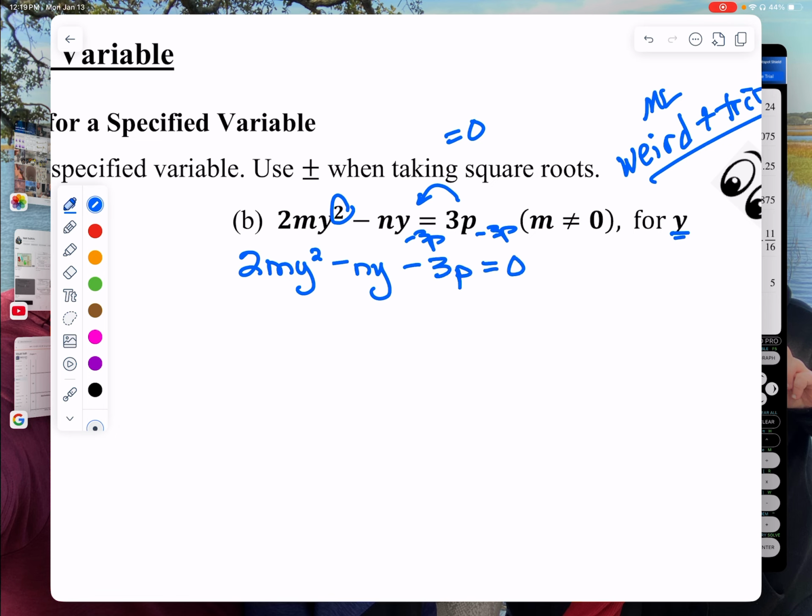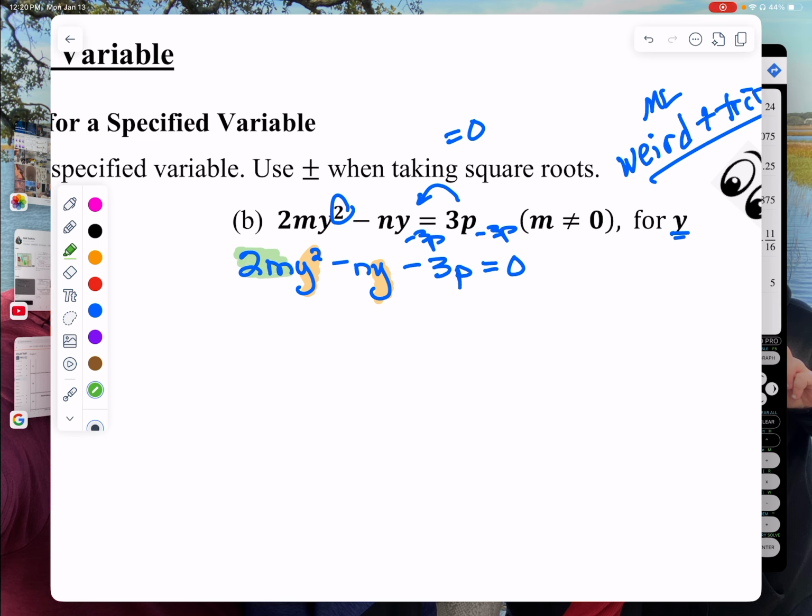Now notice that I have a y squared and a y and then something else. Okay, so it looks like it's in standard form. It goes from y squared to a y to usually a constant, but this has a letter. I'm going to highlight all of my a's and b's and c's.